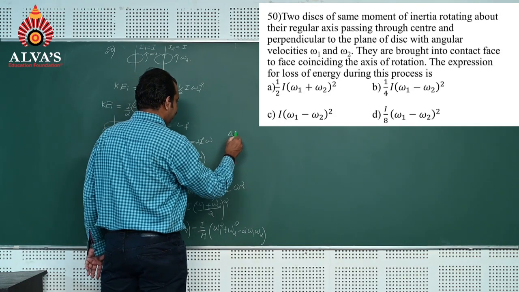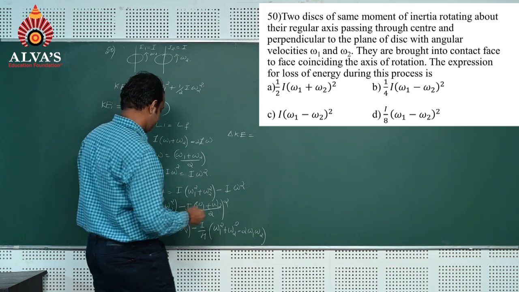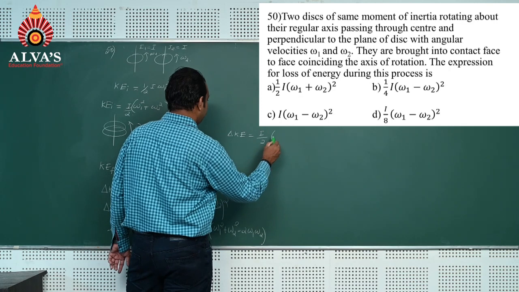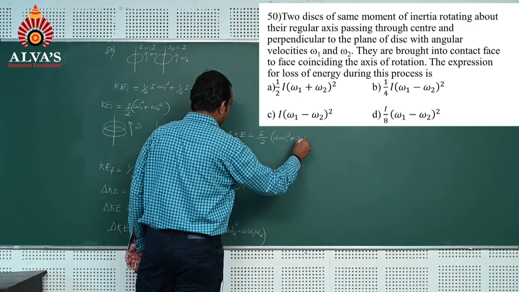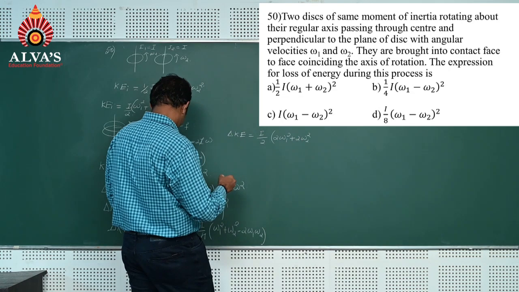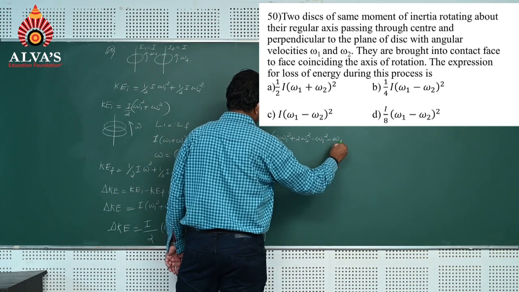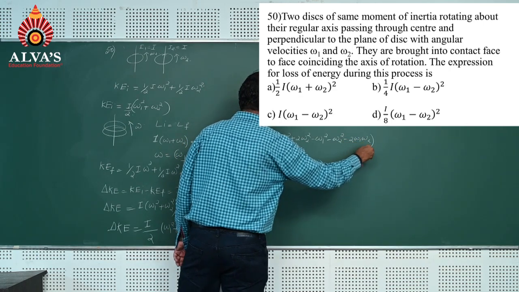delta KE, loss of kinetic energy, which is equal to, I by 4 we can take as common here: it is 2 omega 1 square plus 2 omega 2 square minus omega 1 square minus omega 2 square minus 2 omega 1 omega 2.